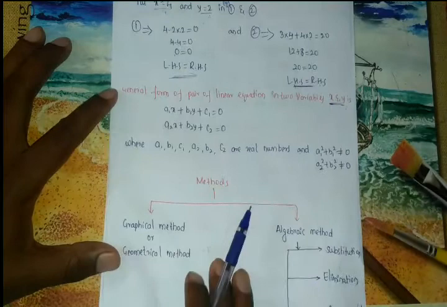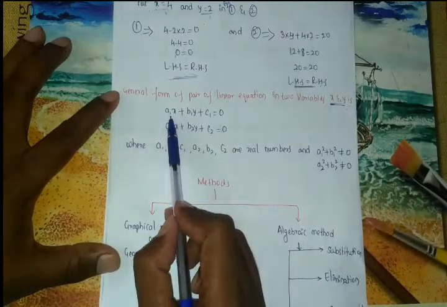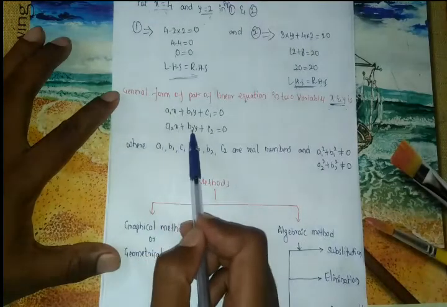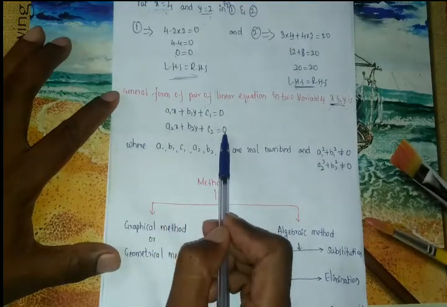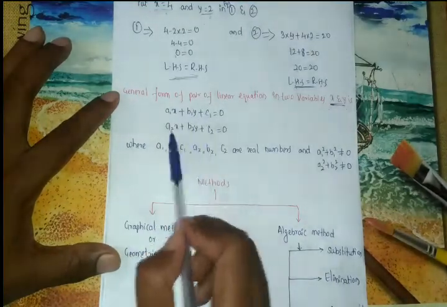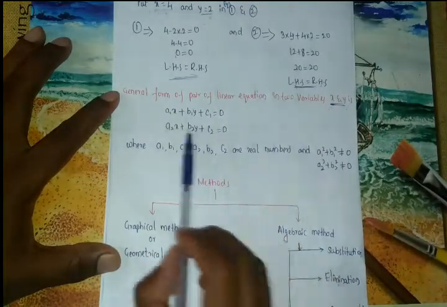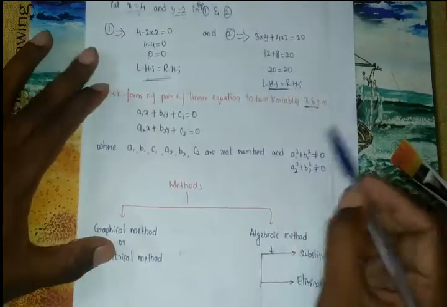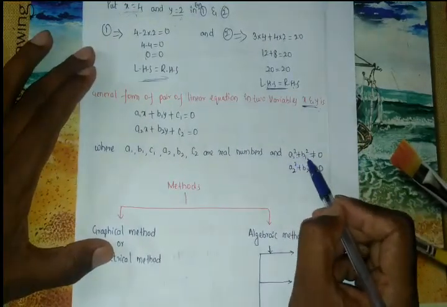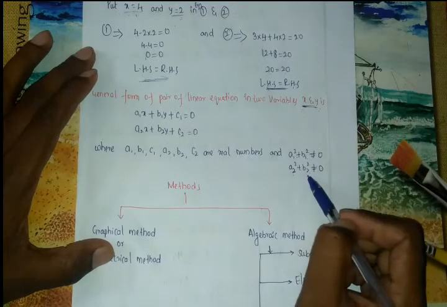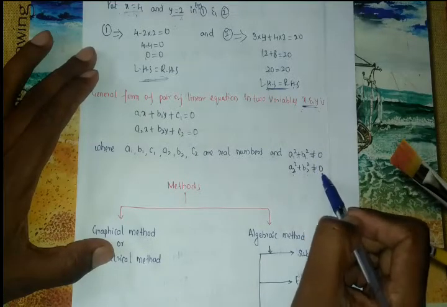So the general equation is a1x plus b1y plus c1 equals 0, a2x plus b2y plus c2 equals 0, where a1, b1, c1, a2, b2, c2 are real numbers, and one more condition: a1 square plus b1 square should not equal 0, and a2 square plus b2 square should not equal 0.